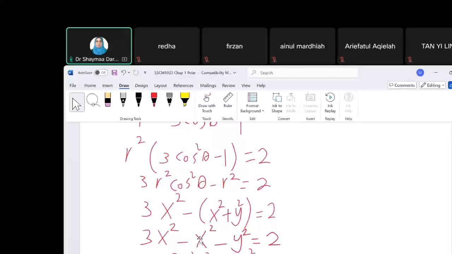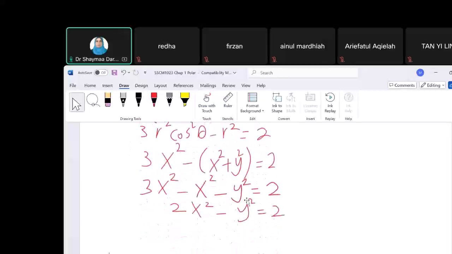So this is Cartesian. The most important thing is to be sure you don't have any r and theta, only x and y, because this is an equation in Cartesian.